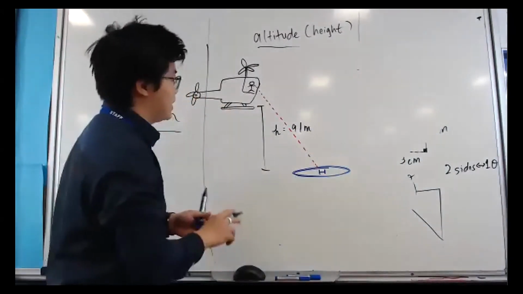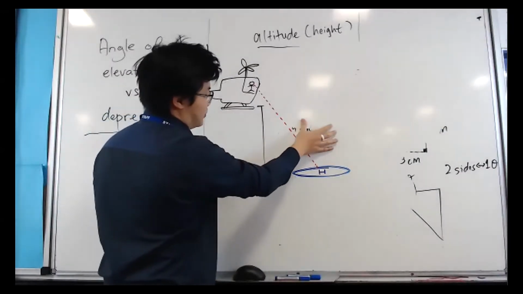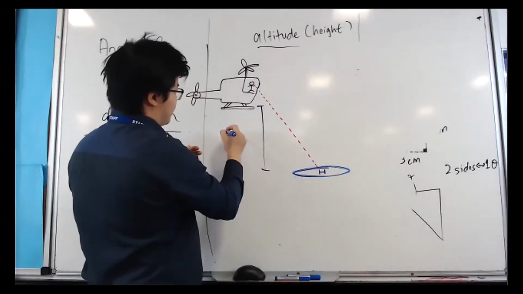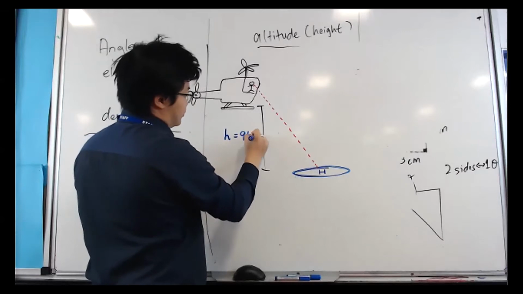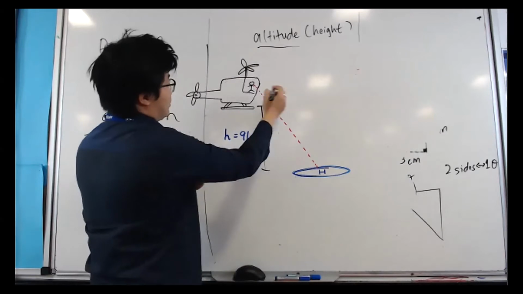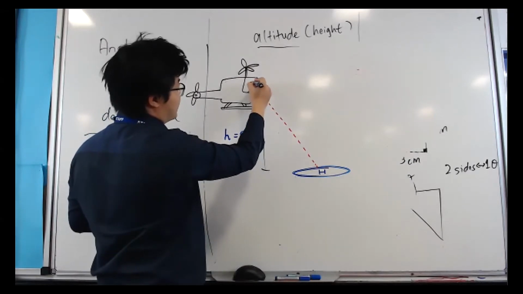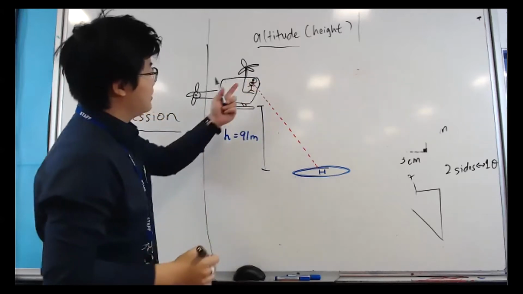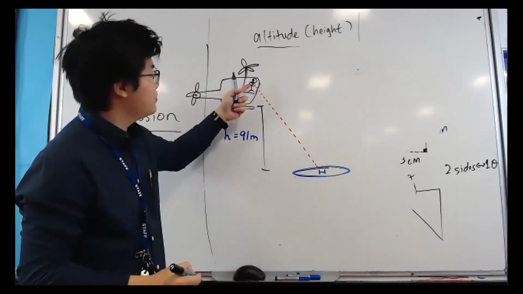So how exactly are we going to draw that? I'm just going to remove this figure so that it's not distracting in the diagram. So 16 degrees. Let's say the eyes of the pilot are right there.